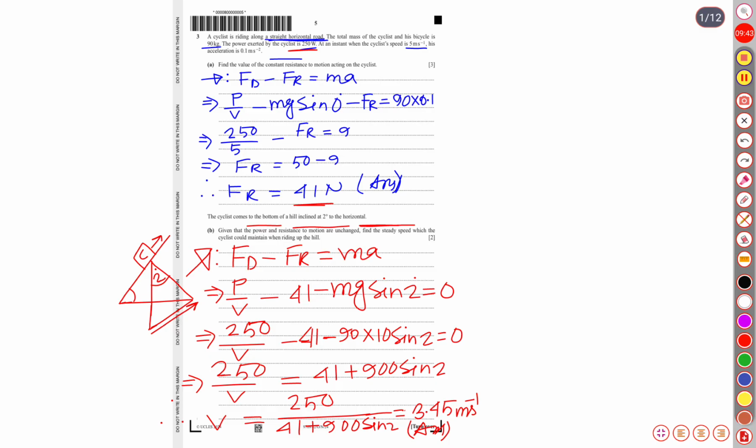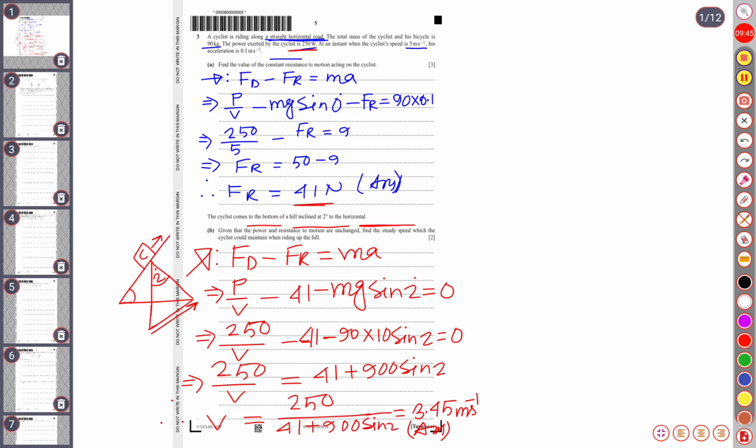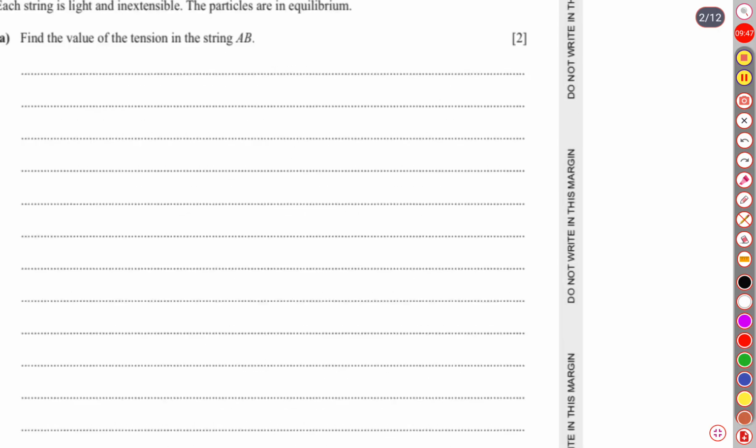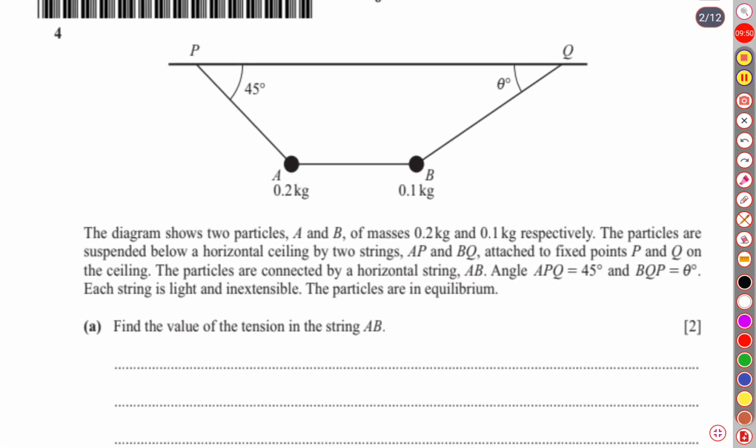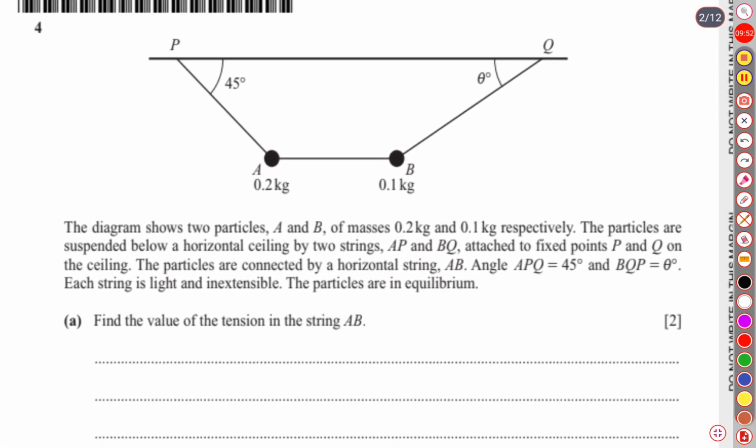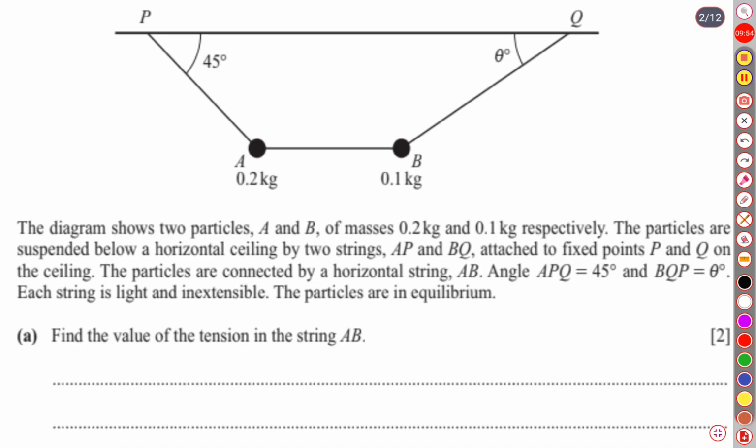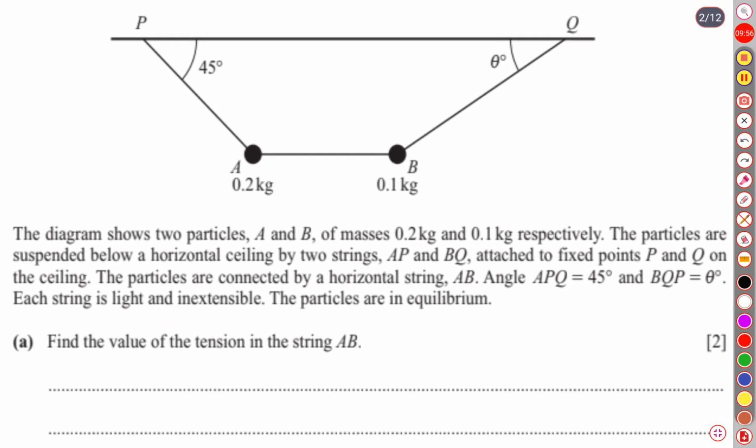The next question says, yes, so that is what the next question is. It is number 4, which says the diagram shows two particles A and B of masses 0.2 kg and 0.1 kg respectively.